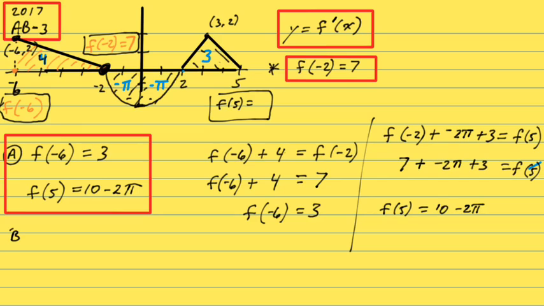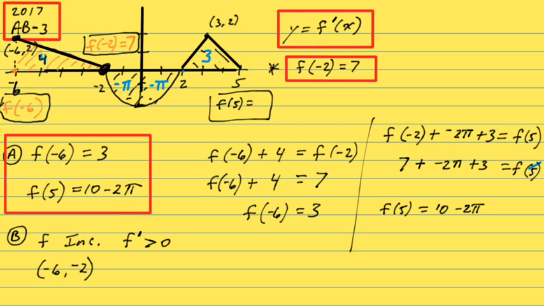Part B wants to know, on what intervals is f increasing? That would be where f prime is positive. Where is this graph above the x-axis? It appears to be negative 6 to negative 2.